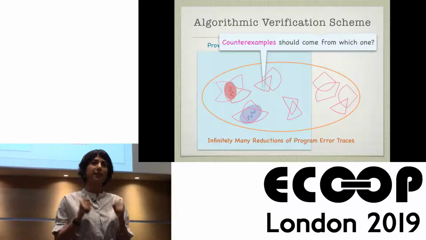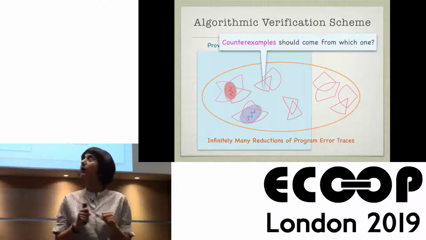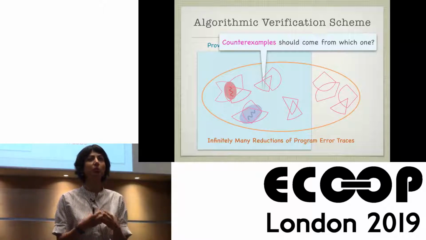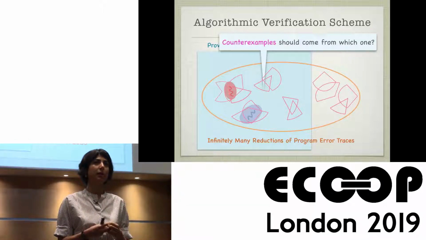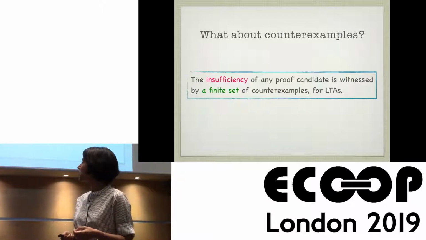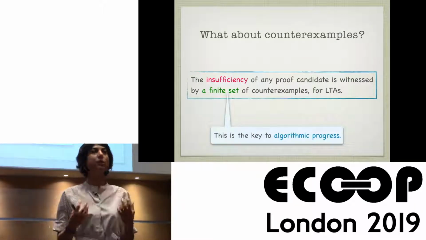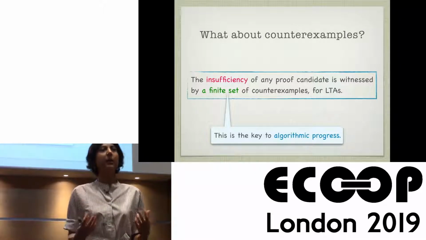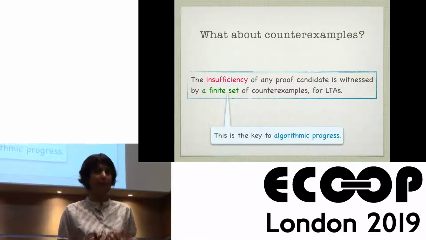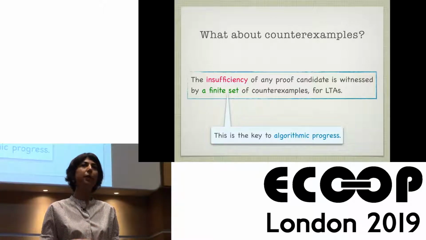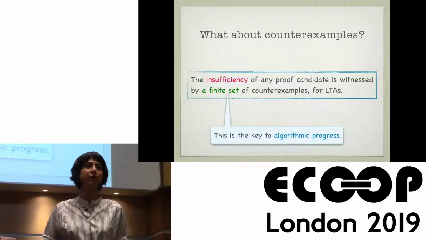When you represent a set of languages using looping tree automata, it happens to be the case that these are tied and connected together in a particular sense, which then satisfies this property. Whenever you're not covering a set yet, there exist finitely many counterexamples that if you prove all of them correct, you will make progress across the board for all reductions.